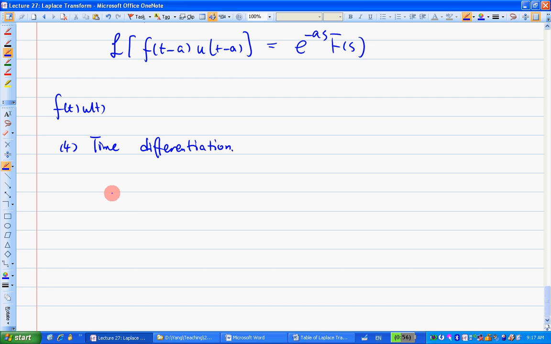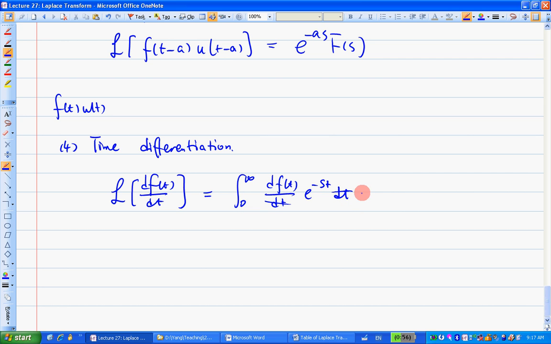Time differentiation: what's the Laplace transform of the derivative of this function? Same idea. You plug into the definition. If I plug in, this dt gets cancelled, so you end up with the integral from 0 to infinity of e to the negative st df of t.